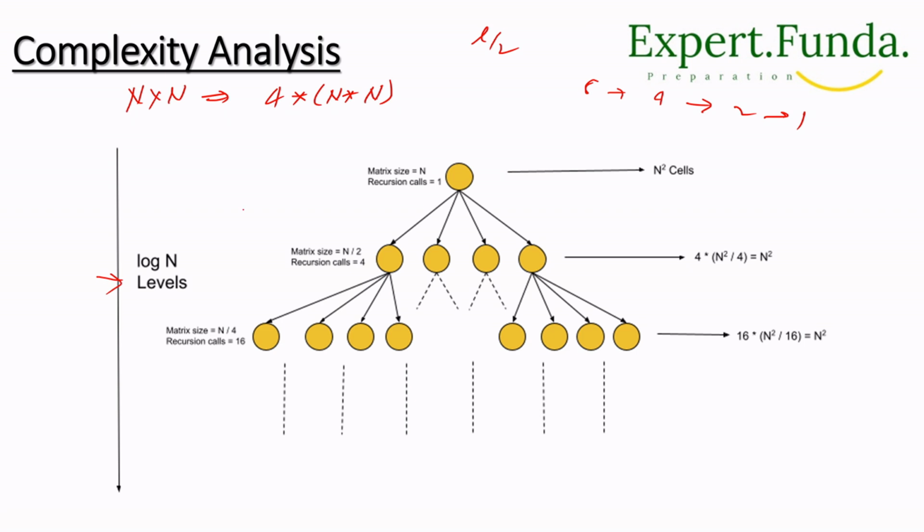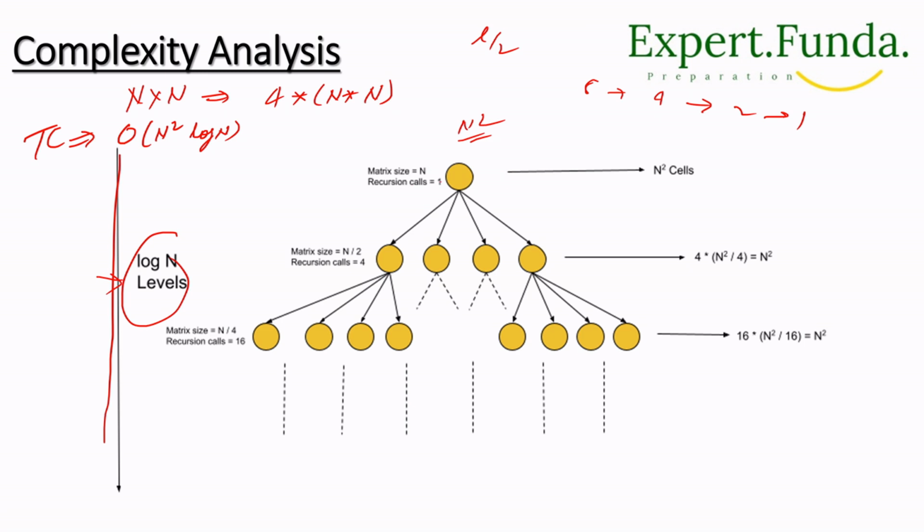This image represents how at each level the total number of iterations over the matrix cells remains the same, n square. And n square iterations at each of the log n levels makes up the time complexity. So the time complexity will become O of n square into log n, because we have log n levels.